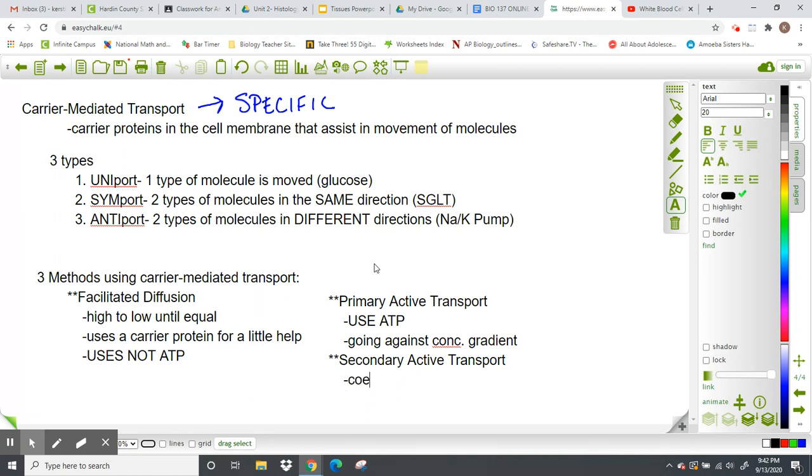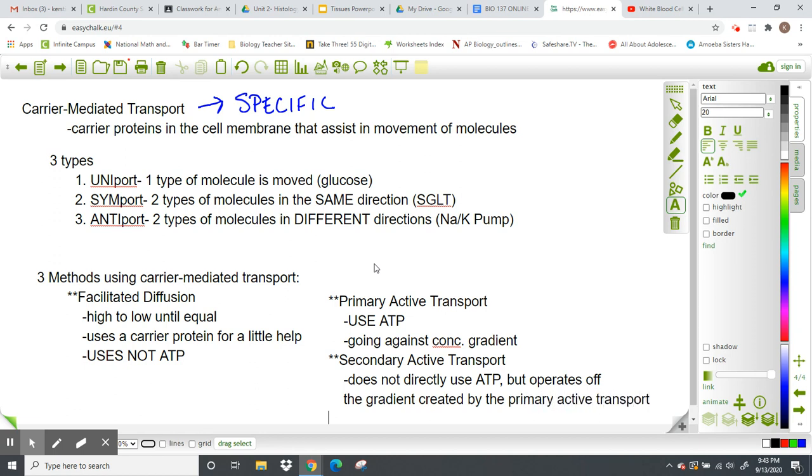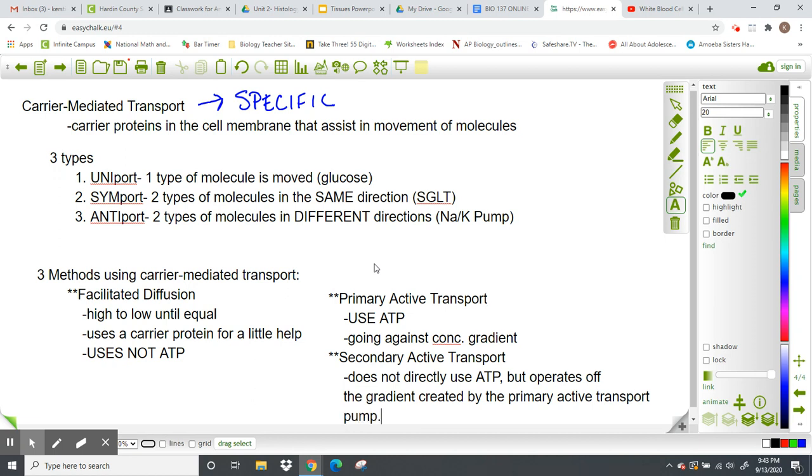So it does not directly use the ATP. Again, secondary does not directly use ATP itself, but operates off of the gradient created by the primary active transport.